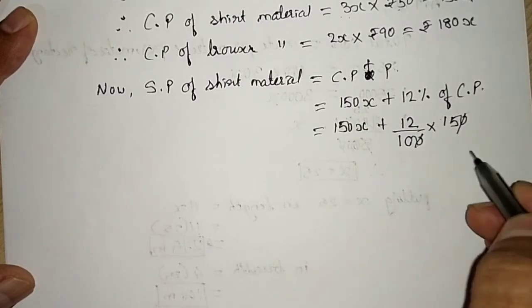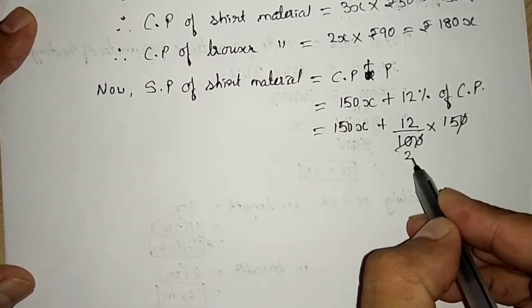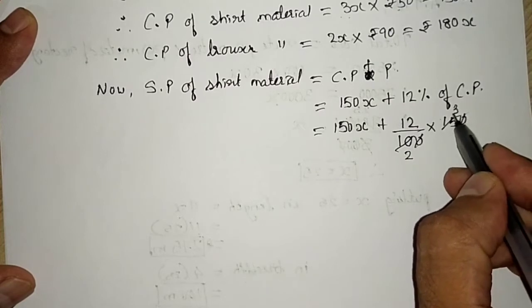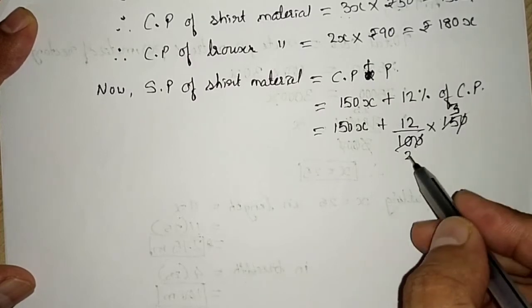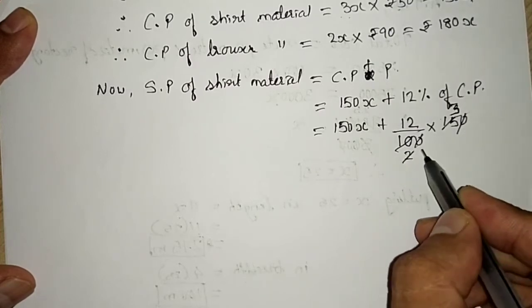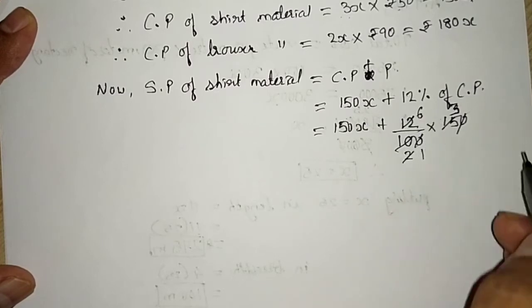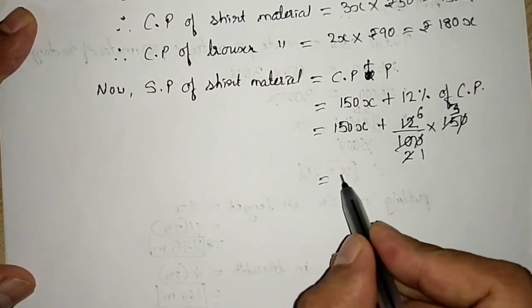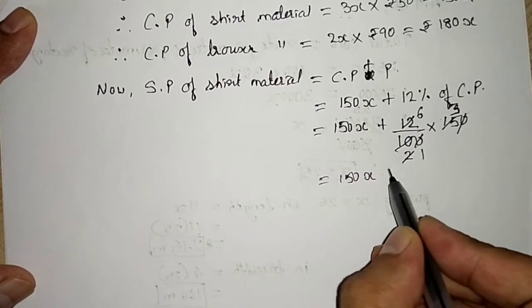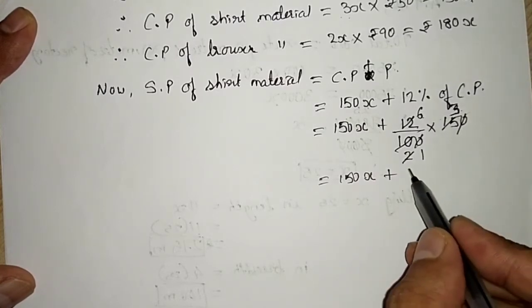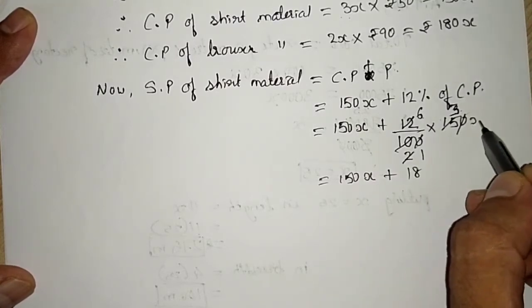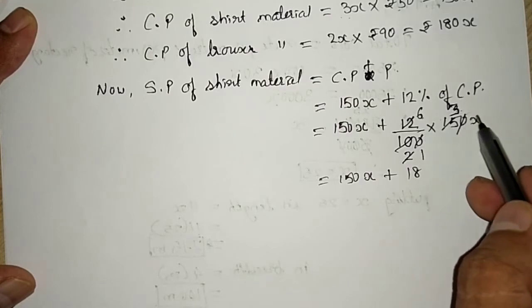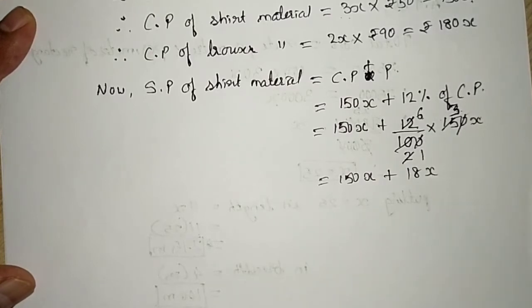The 0s will cancel out. 5 2s are 10 and 5 3s are 15. These two, again 2 1s are and 2 6s are. So we will get 150x plus 6 3s are 18. Sorry, here 150x it was. So 6 3s are 18x.